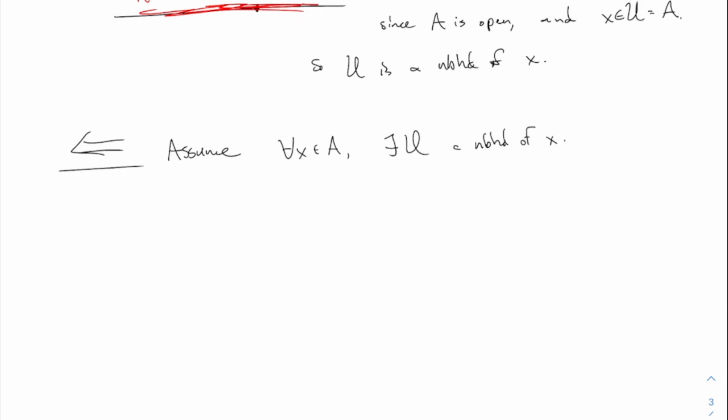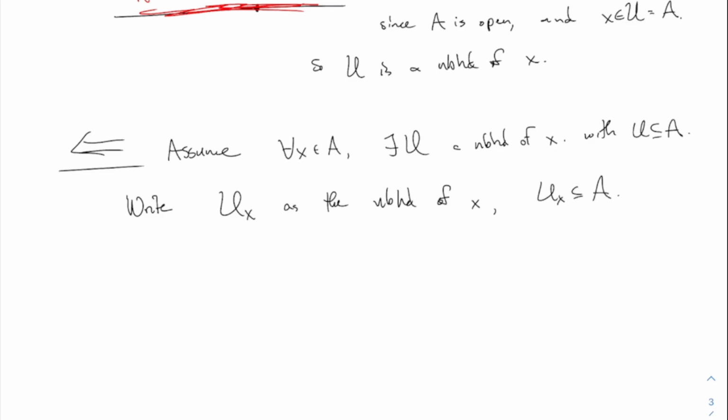So it's going to be more convenient to write U_x as the neighborhood of x, with U_x a subset of A. That's the important thing: the neighborhood is a subset of, or possibly equal to, A. So every point has a neighborhood which is inside of A.